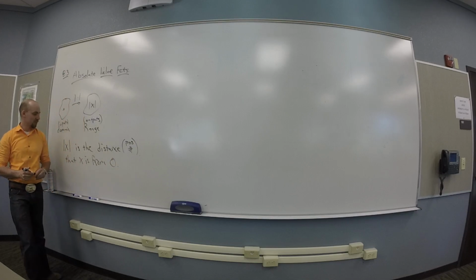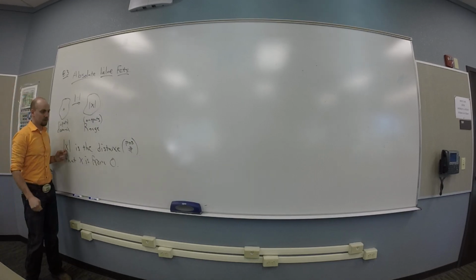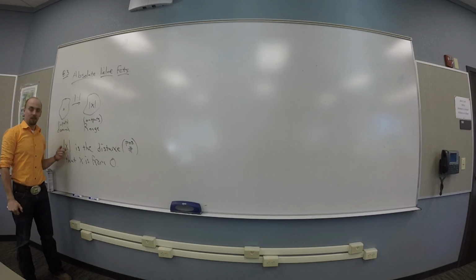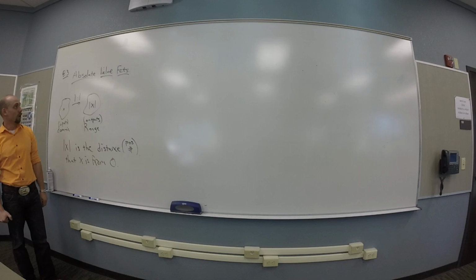So this just tells us what the absolute value function does. It takes a number x, and when I put these symbols around it, it tells me how far x is from 0. So that's really all there is here.